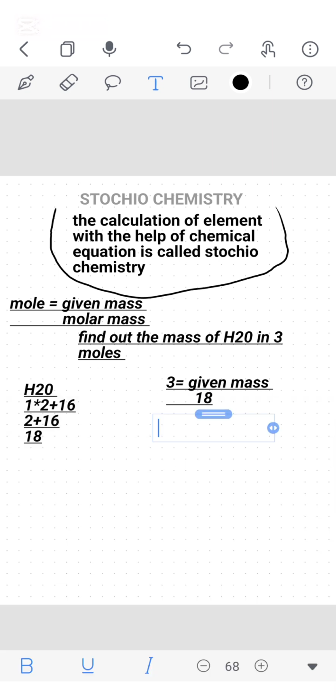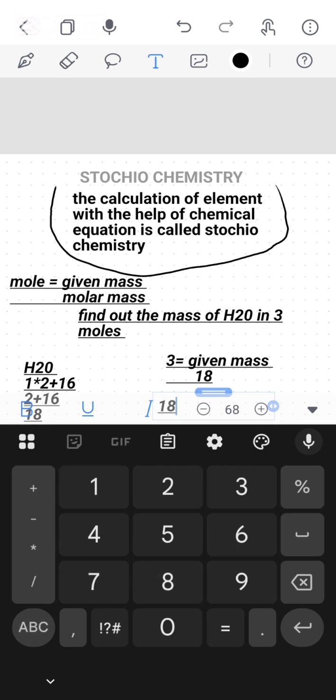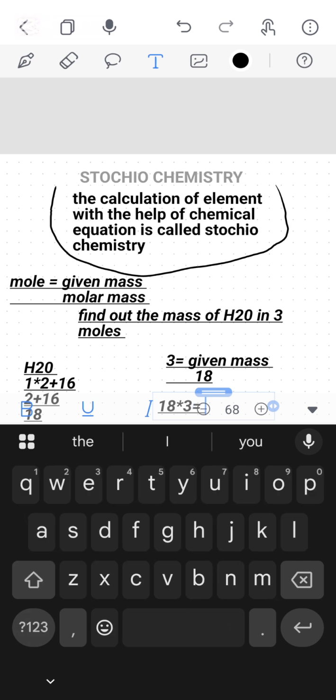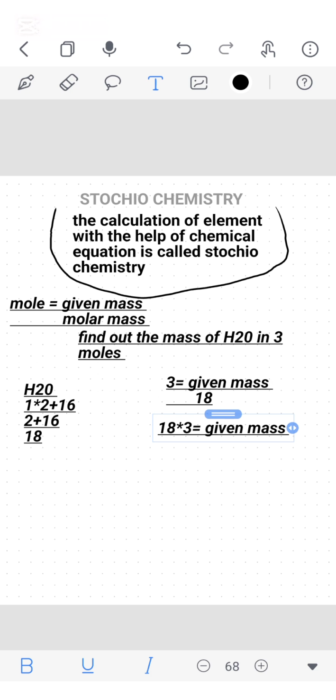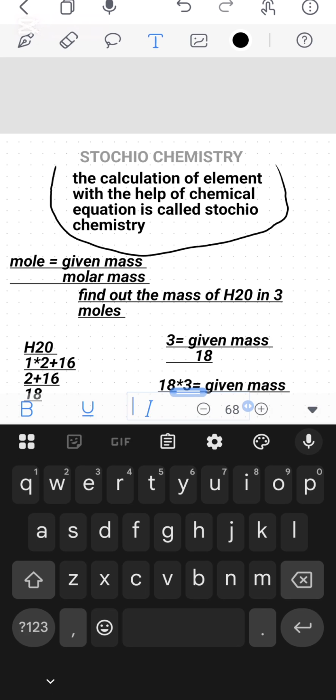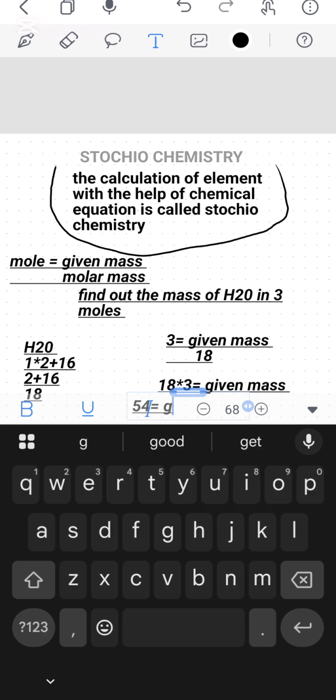Now you may clearly see 18 is in the divide form, so when it moves upstairs it will be multiplied with 3. So 18 multiplied by 3 is equal to the given mass. 18 multiplied by 3 is 54. So 54 is equal to the given mass.